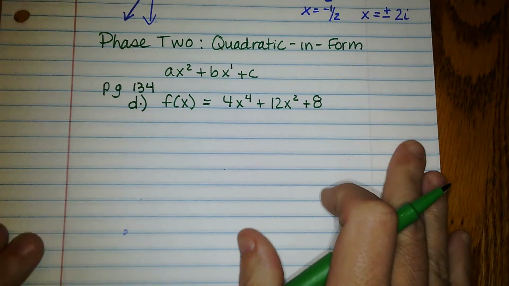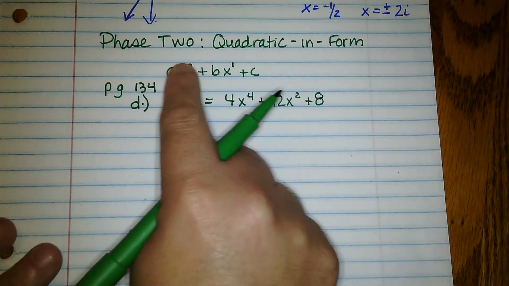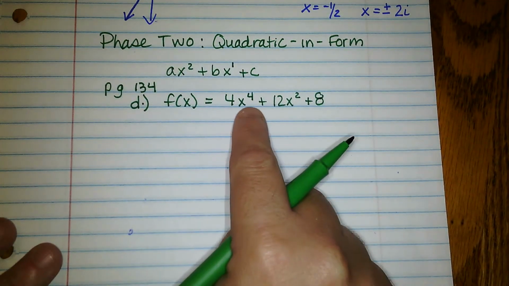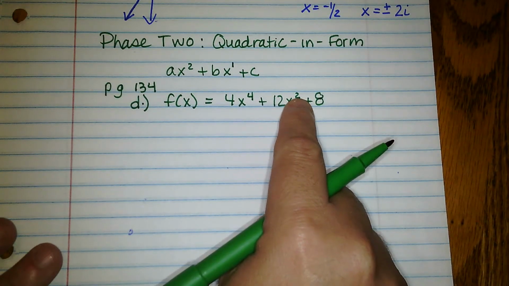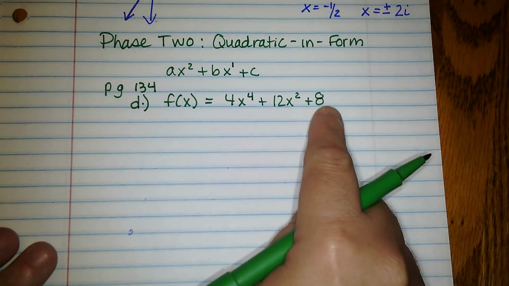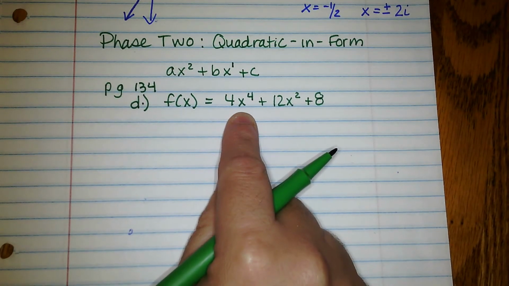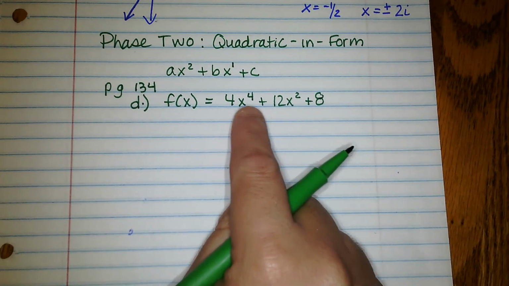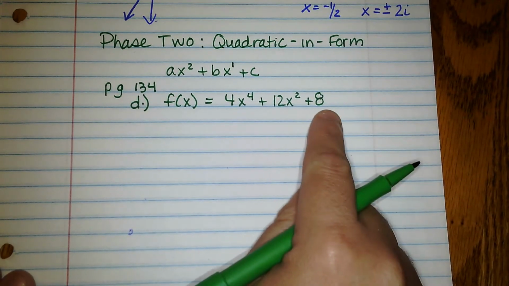So we call this quadratic in form because it's a trinomial, which is 3 terms, and the middle term's exponent is half of the lead term's exponent. That's what makes this a quadratic in form. And we can treat this just like a quadratic, meaning that we're going to factor it the same way we would a quadratic.